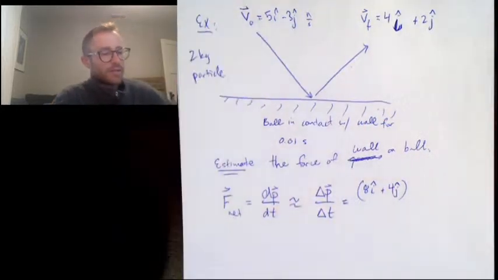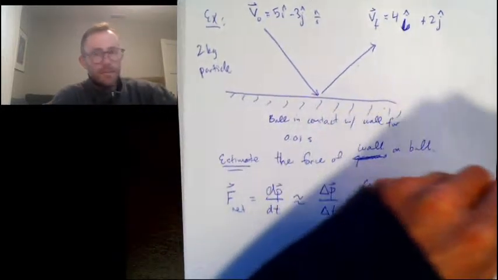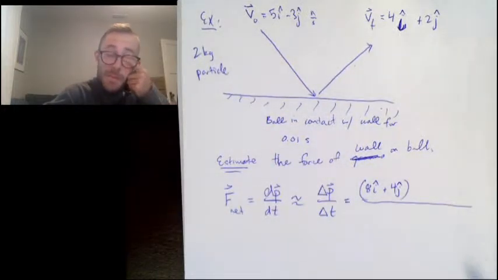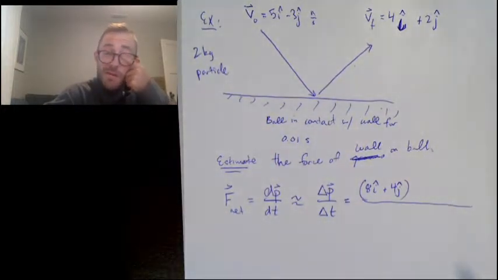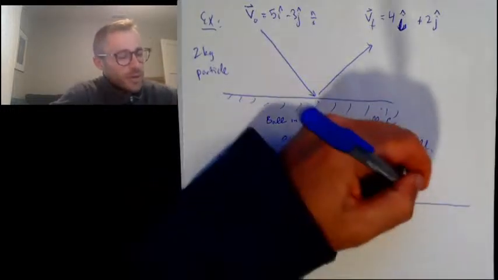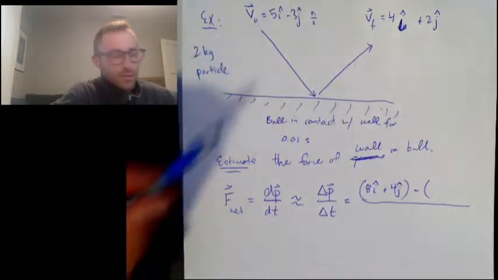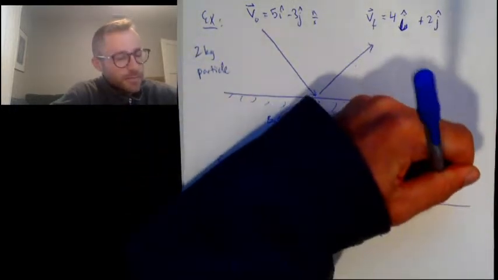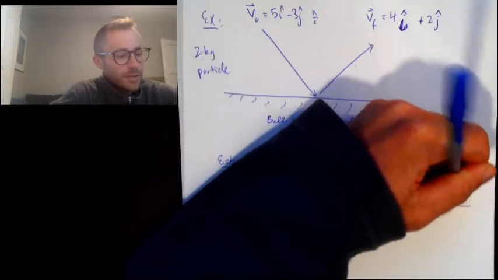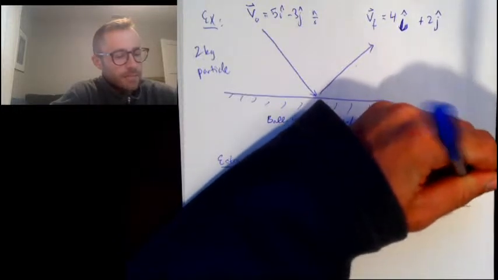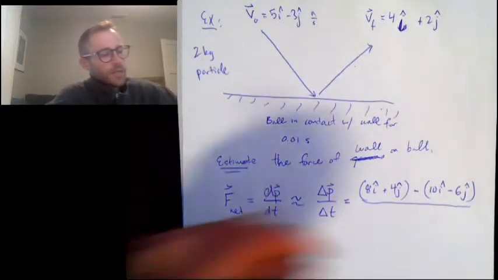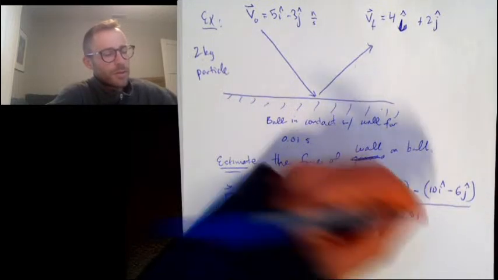So that's my final momentum. The initial momentum is going to be 2 times this, so 10i minus 6j hat, divided by 0.01.